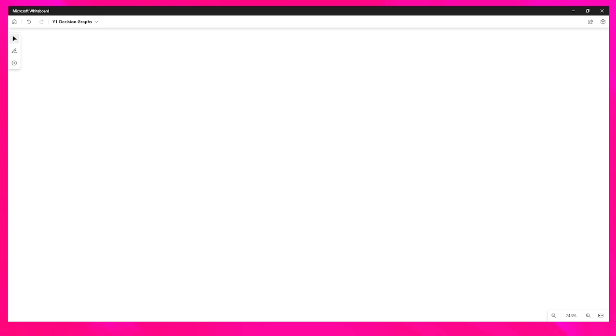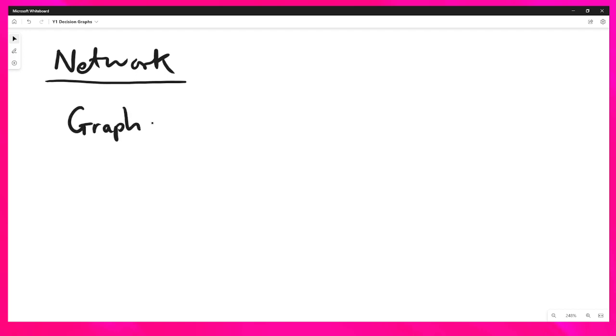Now, a subtype of graph is something called a network. And this is very commonly used, and the majority of algorithms that we do on graphs are focusing on networks. And that is a graph with numbers on the edges.